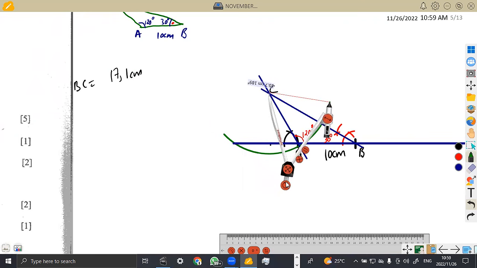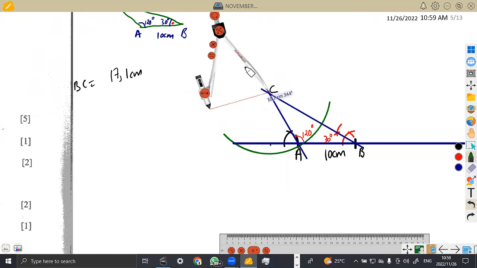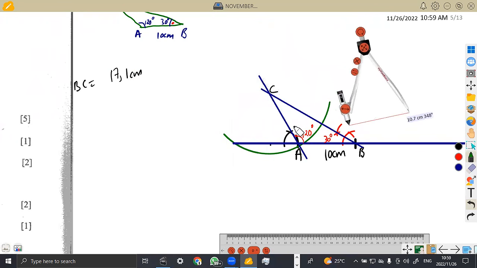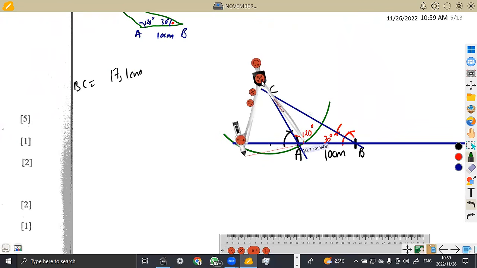So once we have this, from those 2 points which it crossed, we are going to mark arcs back to C and another arc down.